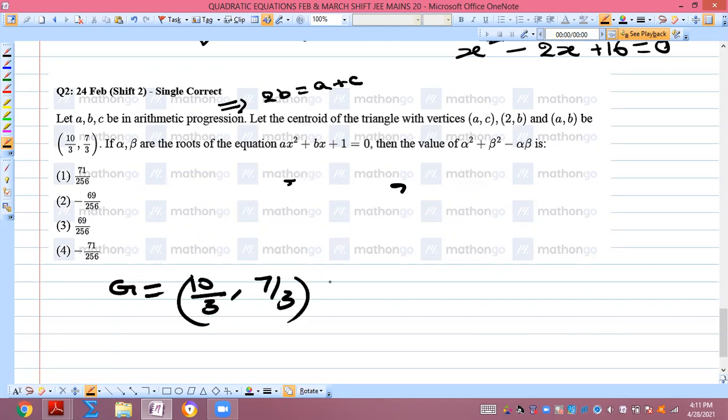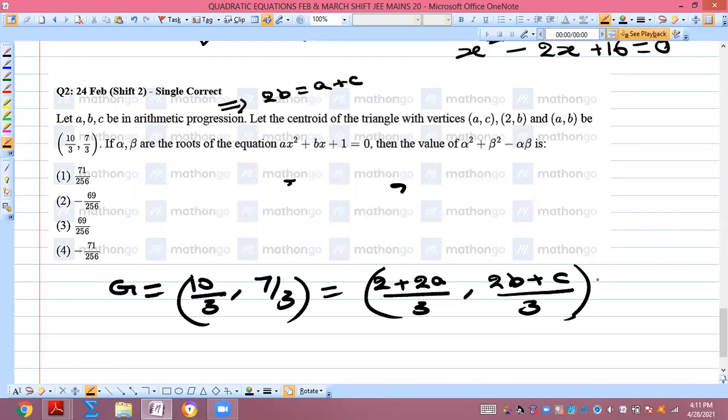So using the vertices, it is 2 plus 2a by 3 comma 2b plus c by 3 is equal to 10 by 3, 7 by 3.